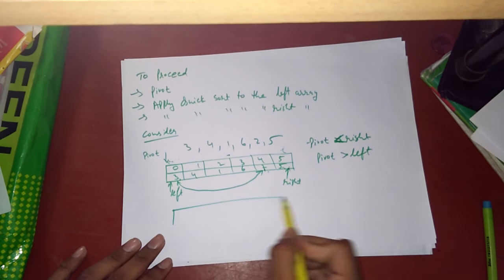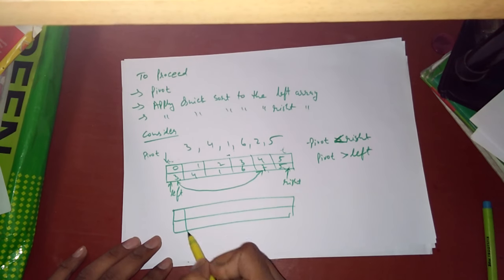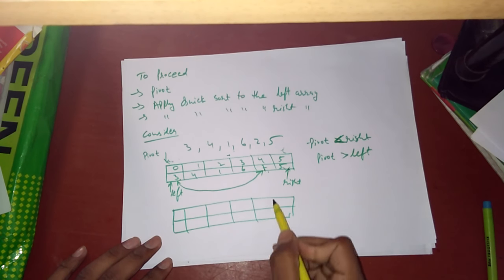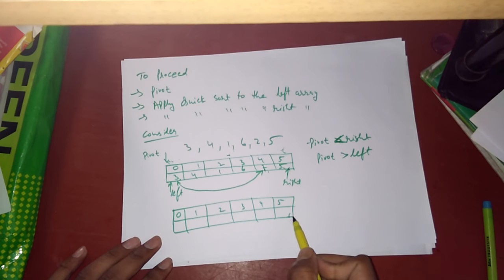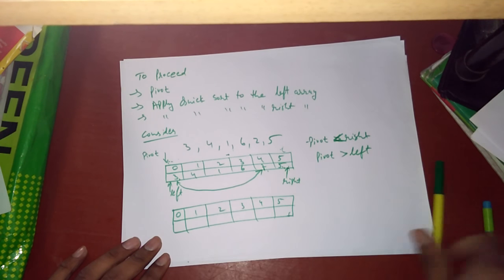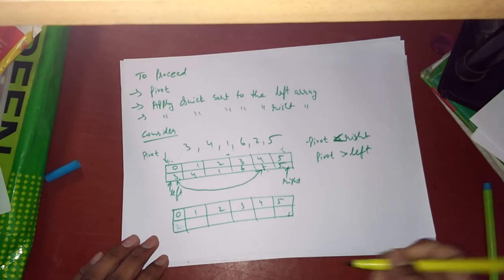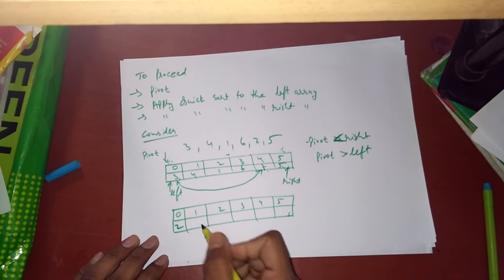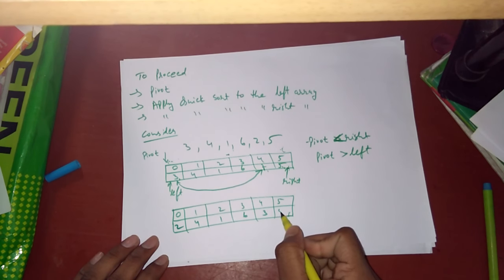Now our new elements are 2, here is 4, here is 1, here is 6, here will be 3 and 5.